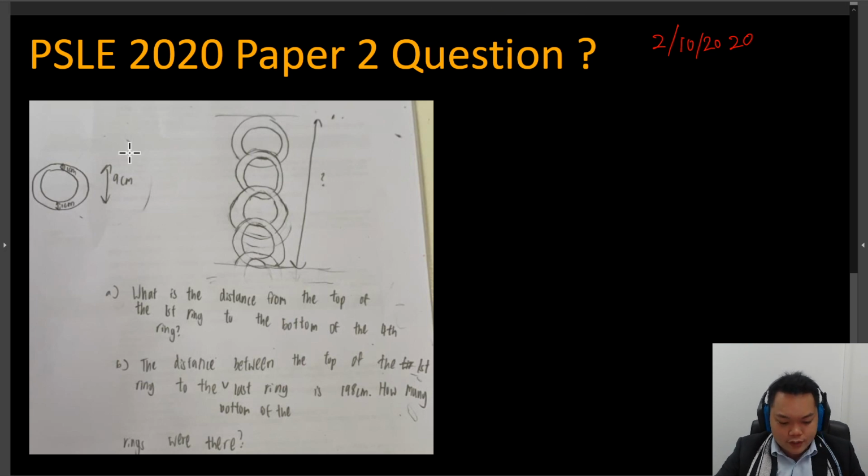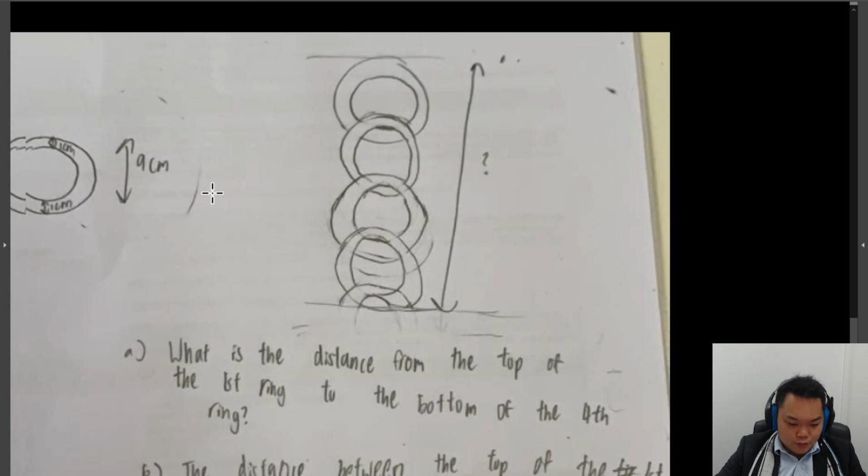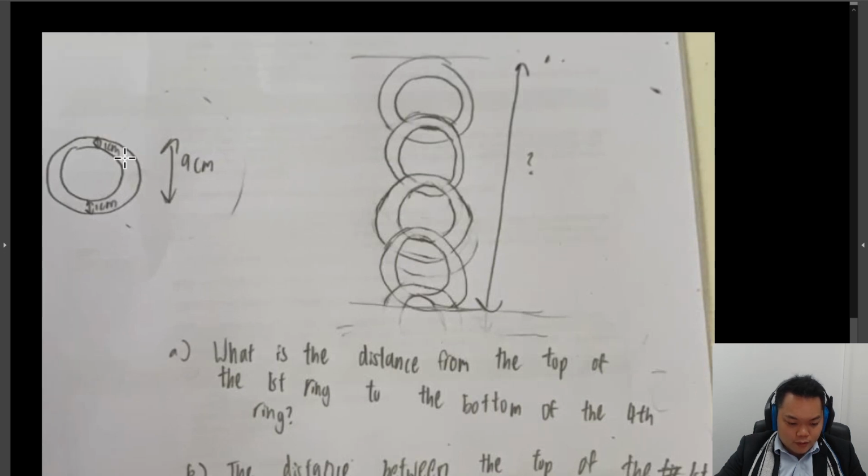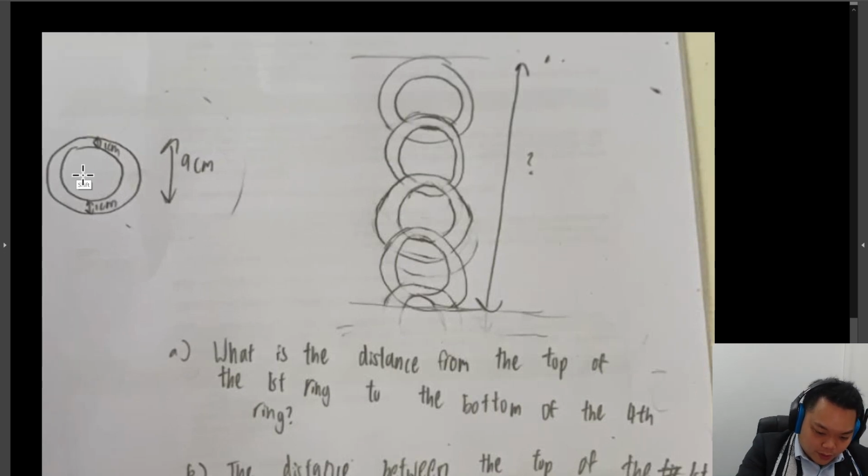Here's my guess. I say this is my guess because she just drew this diagram to show me what some of the tricky questions were. So my guess is that the following diagram is formed by the following rings, whose external diameter is 9 cm.